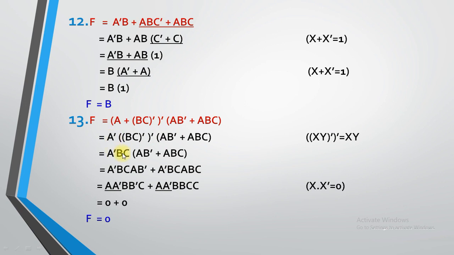So A dash BC as it is into the bracket, keep this bracket as it is. Now multiply this and multiply this. So A dash BC into AB dash plus ABC into A dash BC. Now see, A into A dash is 0, again A into A dash is 0. So the final answer is 0.